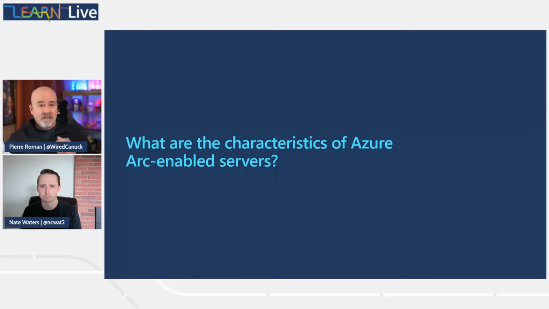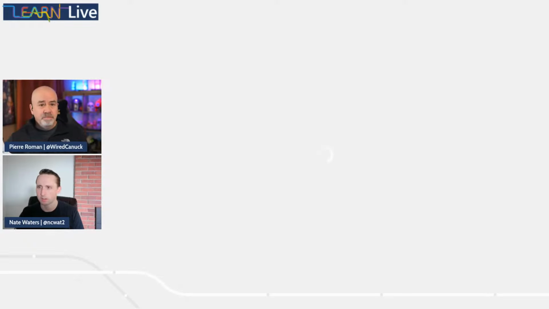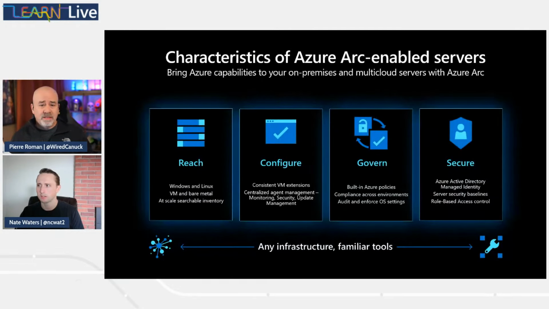And if we can switch to my slides there, Laurent, and look at the characteristics of an Azure Arc-enabled server, it is really, like we just mentioned in the intro, to bring all those capabilities to your machines wherever they may be.